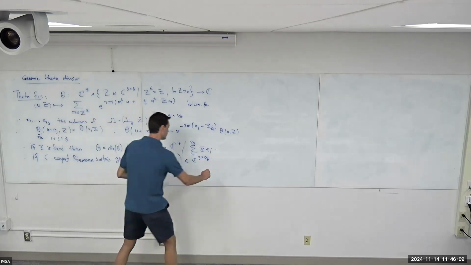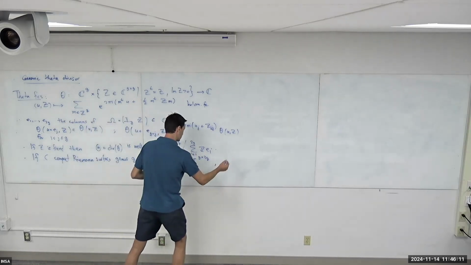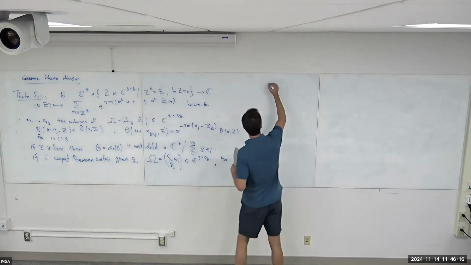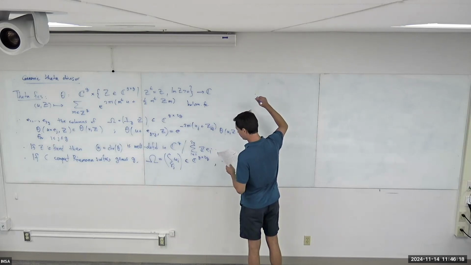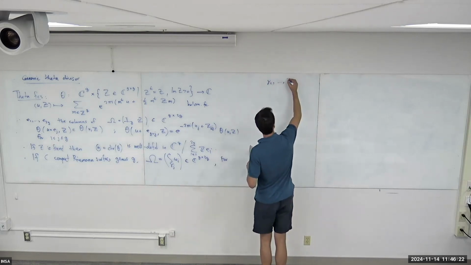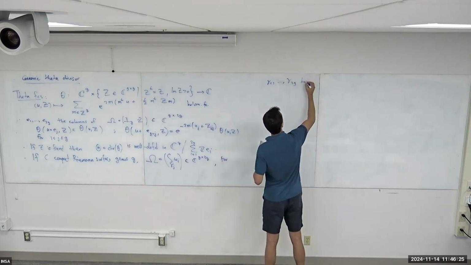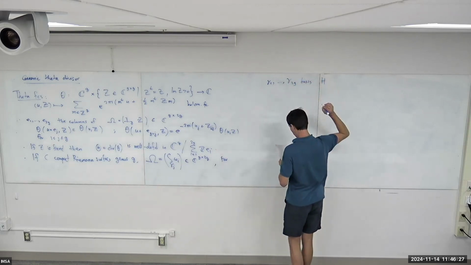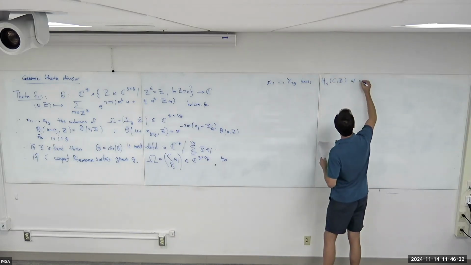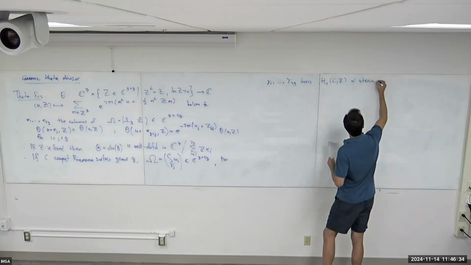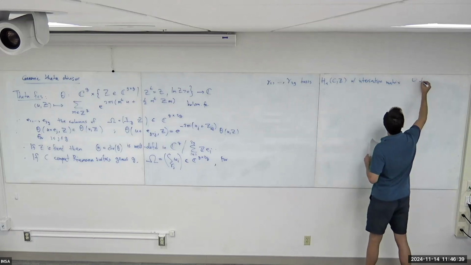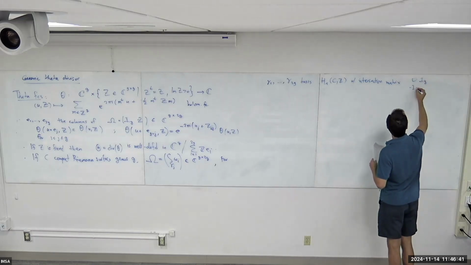So here you have to choose the basis carefully. You can always choose a basis gamma 1 through gamma 2g of H1 with intersection matrix exactly this one here.